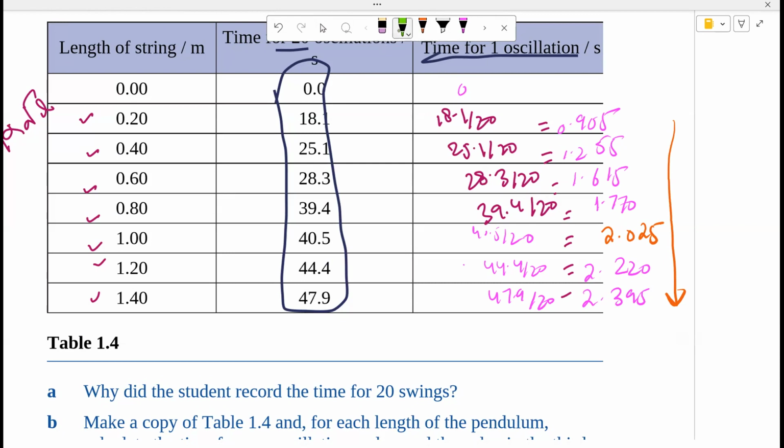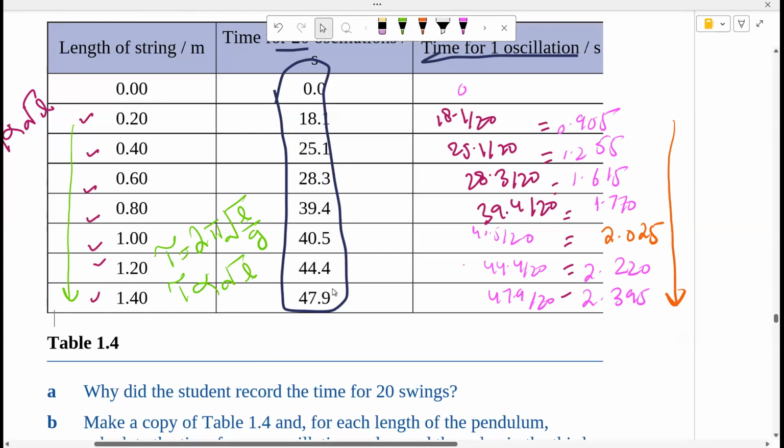That shows the relationship that we have discussed. What is time period? 2 pi under root L over g. From this, we conclude that time has a relationship with the under root of length. And it's clear from this data that as we have increased the length, the time period has also increased, validating our equation.